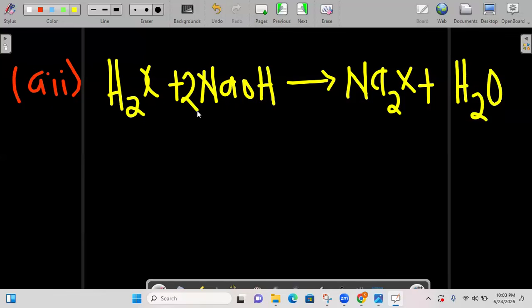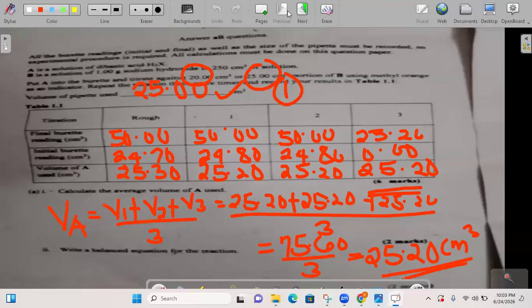I'll balance it by putting 2 here and 2 here. You see that? This is now the balanced equation. I've taught you before how to balance equations. This one is plus, this one is minus. Since the acid is a dibasic acid, it has an anion of 2, that's why the sodium becomes Na2X. So with that, we are done with question A, Roman figures 1 and 2.